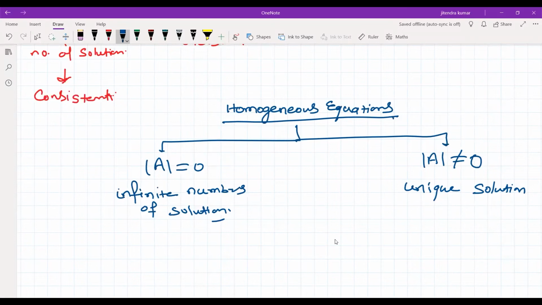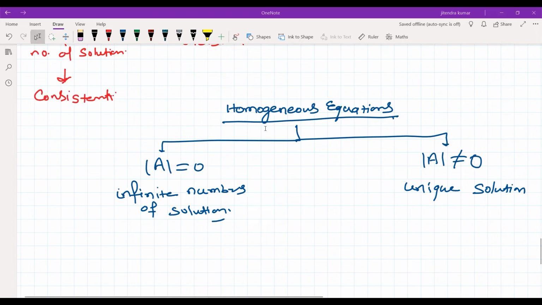Okay, any doubt? I think this is all the concept here.